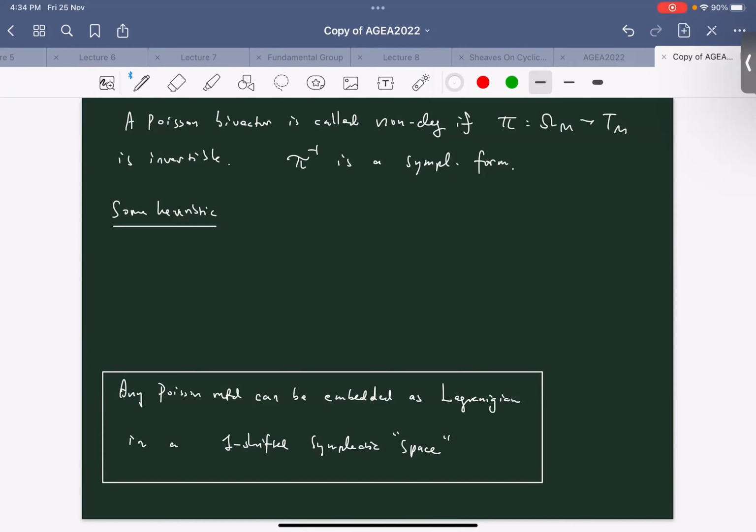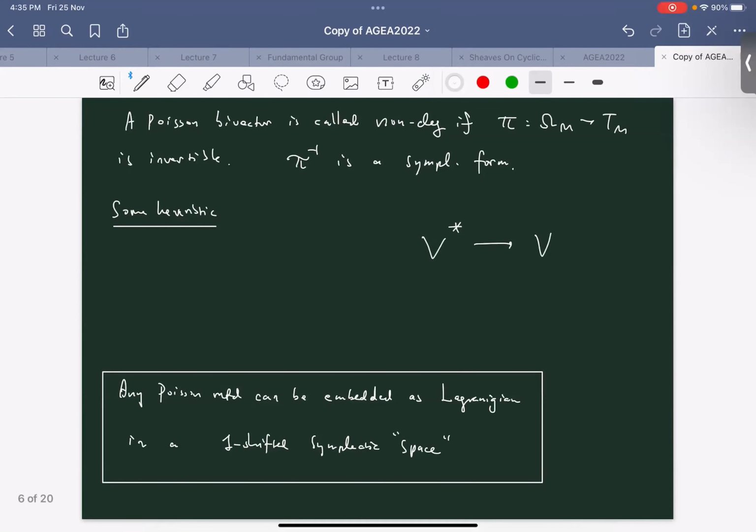But anyway, the heuristic, I will give you some explanation, in a very vague sense, but really at the infinitesimal level. So say you have a vector space V, which is the tangent space of your Poisson manifold. So what is the bivector? The bivector should be a map from V star to V, right? So you imagine this linear map as your bivector.